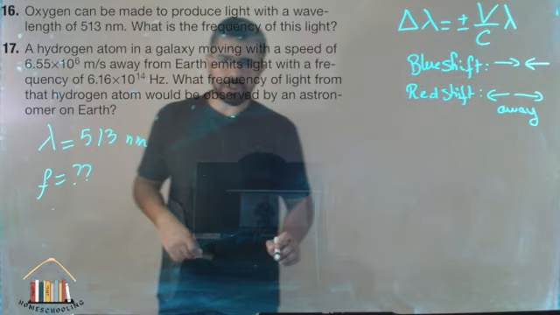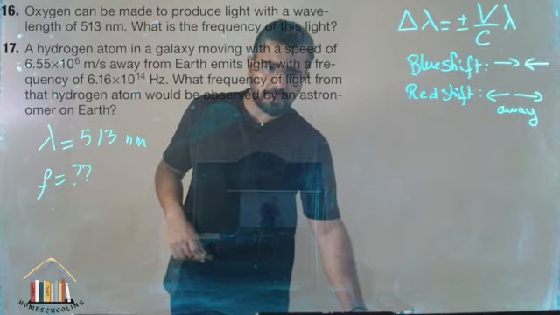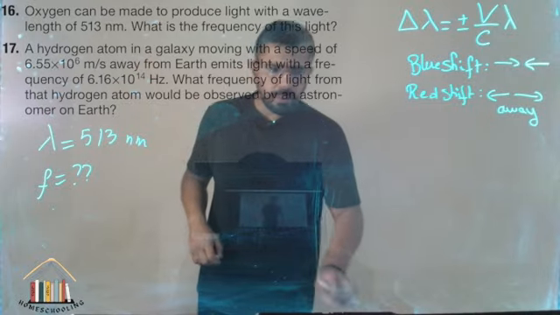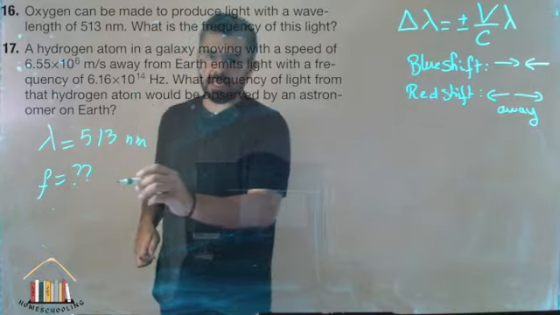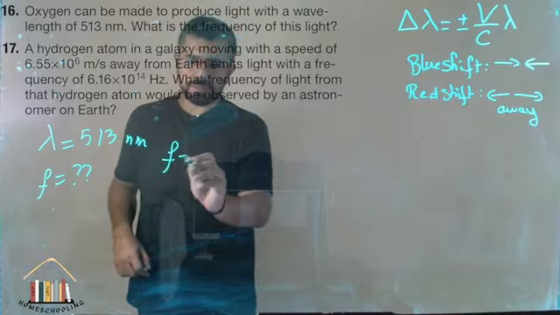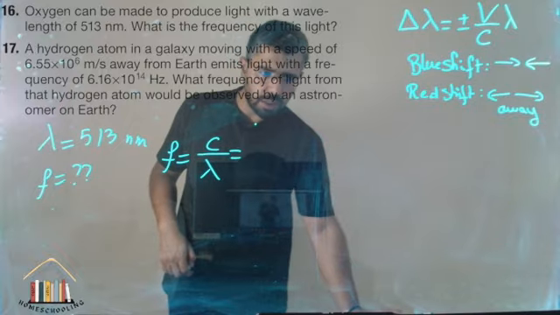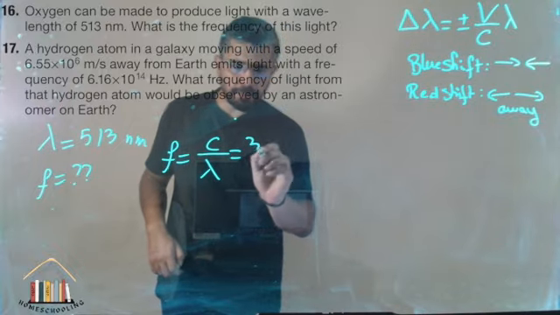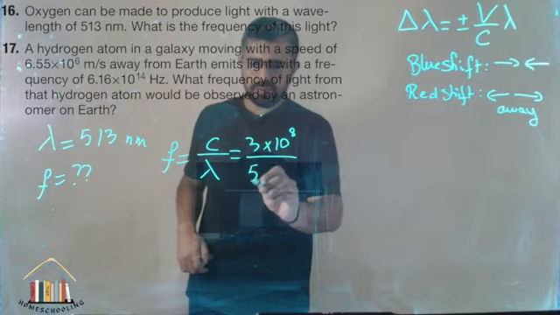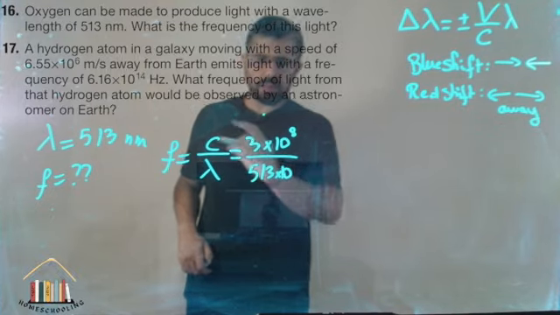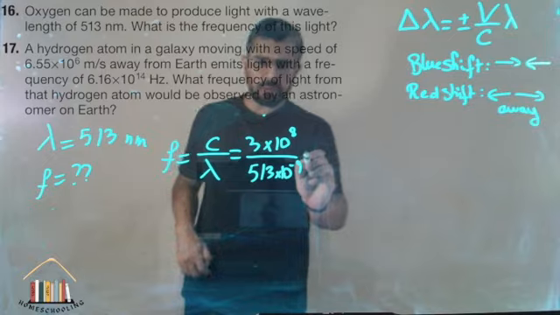If you remember the equation, the wavelength is equal to c over f. But here I'm interested in the frequency, so f will be equal to c over the wavelength, which is equal to 3 times 10 to the power of 8 divided by the wavelength, which is 513 times 10 to the power of minus 9, because we have to convert the units from nanometers.